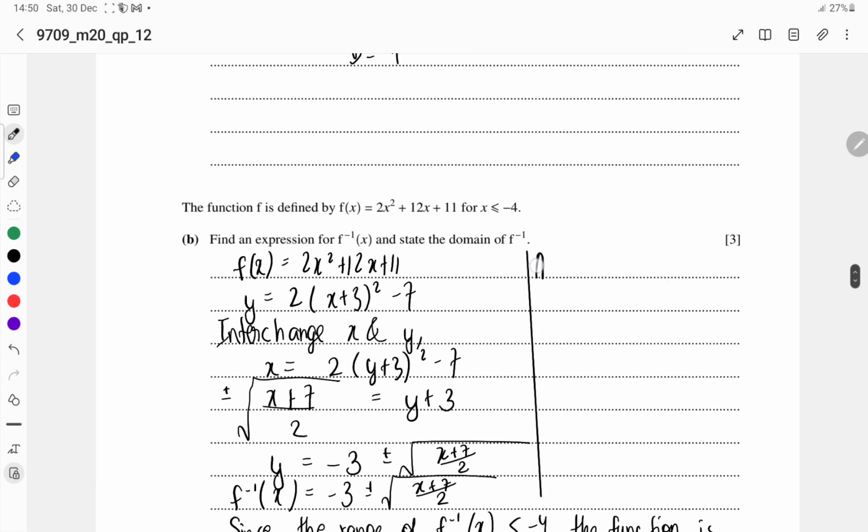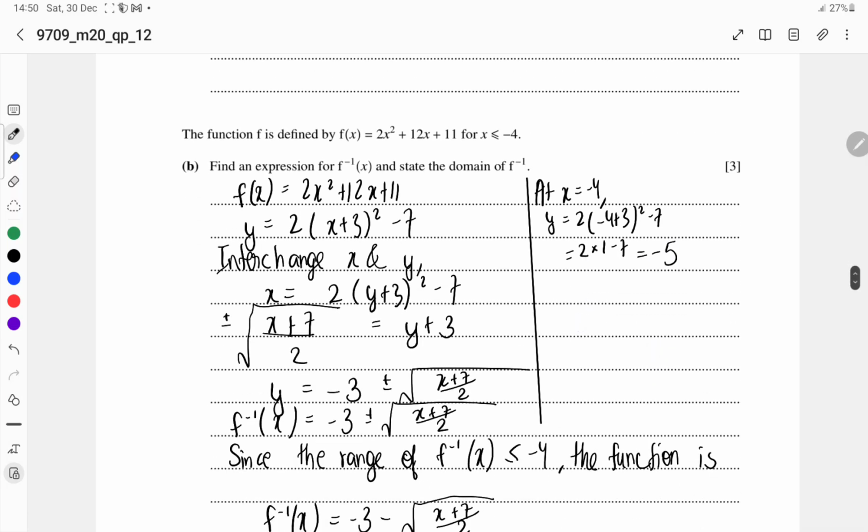So at x equals negative 4, y will be equal to 2 times (minus 4 plus 3) whole squared minus 7, which is equal to 2 times 1 squared, 2 into 1, minus 7, which is 2 minus 7, that is minus 5.